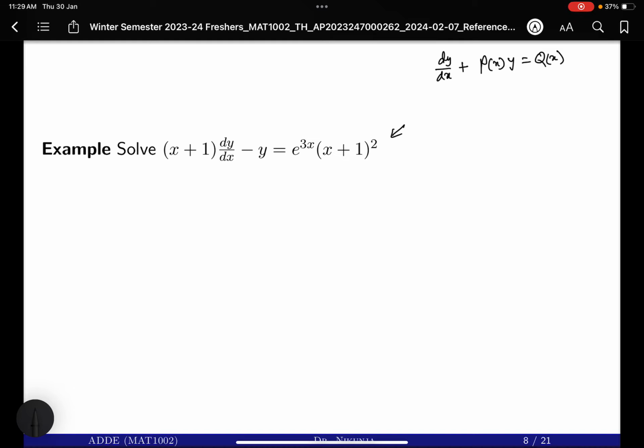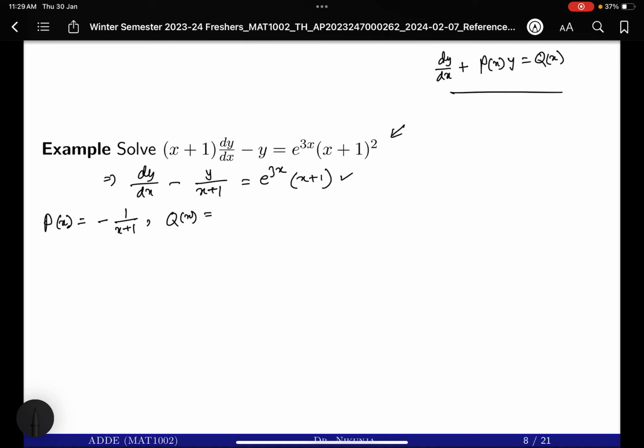So what we get in the next step is dy/dx − y/(x+1) = e^(3x)(x+1). If you compare this equation with the standard form, then P(x) is −1/(x+1), and Q(x) is e^(3x)(x+1).